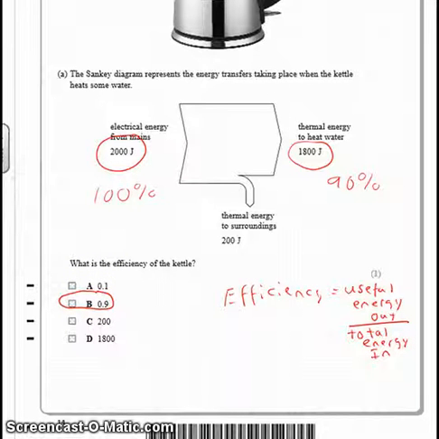Now if I want to calculate that using an equation, efficiency is useful energy out divided by the total energy in, so it will be 1800 divided by 2000, and that gives 0.9.